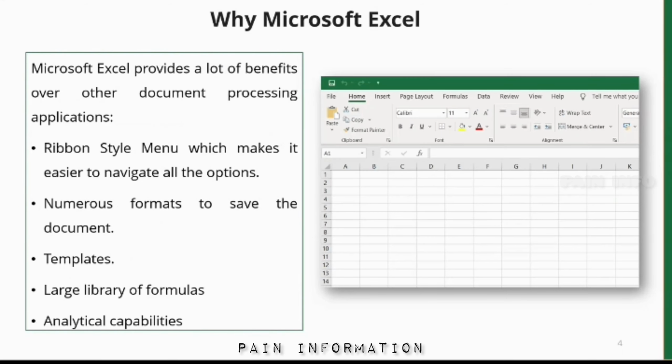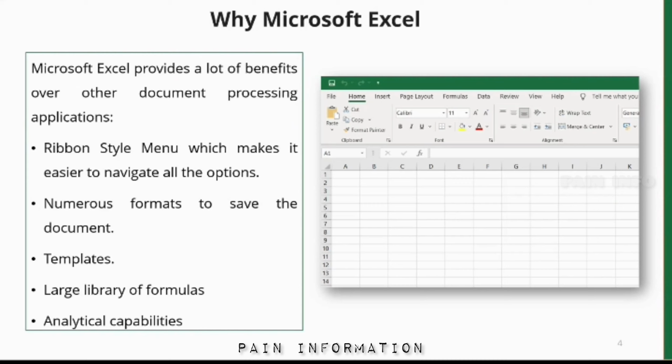Microsoft Excel provides a lot of benefits other than a document processing application. One, ribbon style menu. Just like we learned about the different ribbon style menus that are available in both Word and PowerPoint, Microsoft Excel also has a larger variety of ribbon style menus. You can save your document in numerous formats.